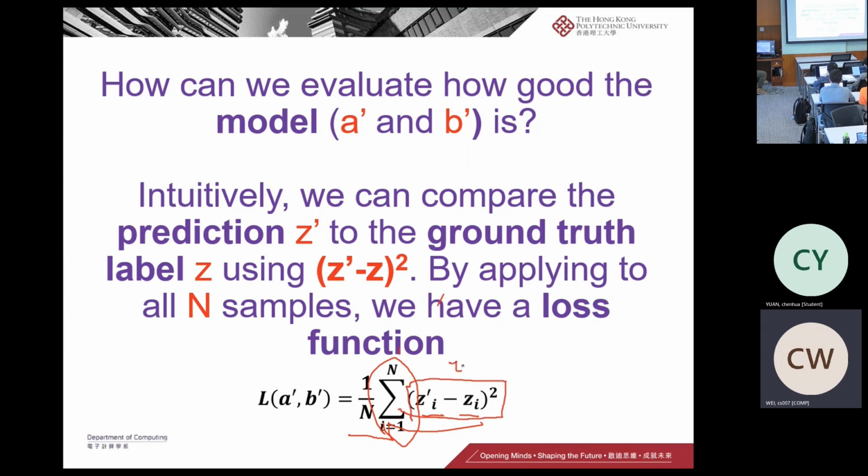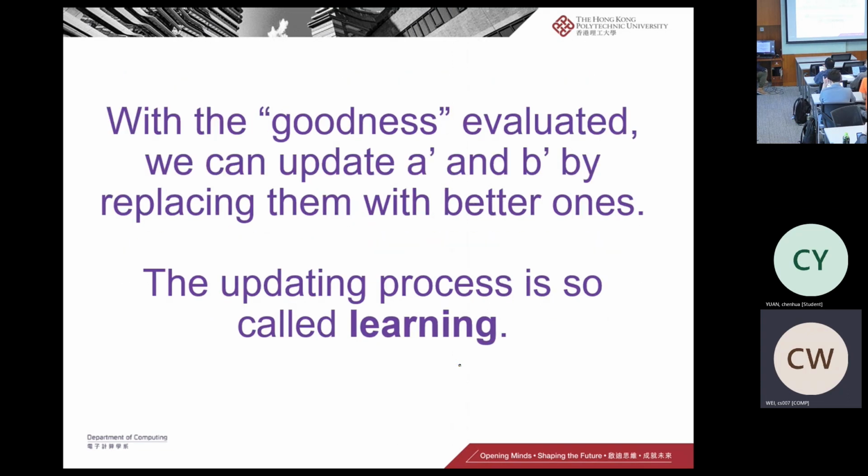And you can consider i as the ID for the sample, right? So for every sample, you calculate a loss and put the losses together, and you can take the mean of that loss to evaluate how good your parameters are, right? So this is clear. Then goodness can be evaluated.